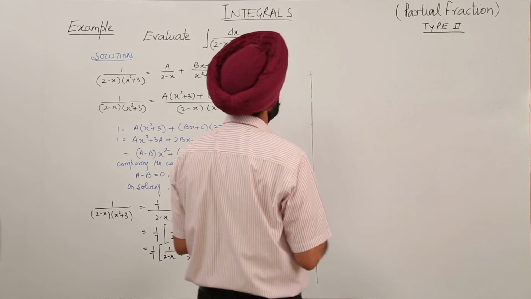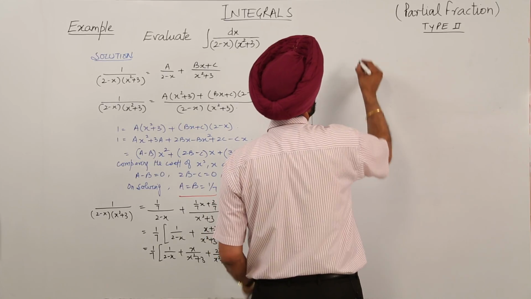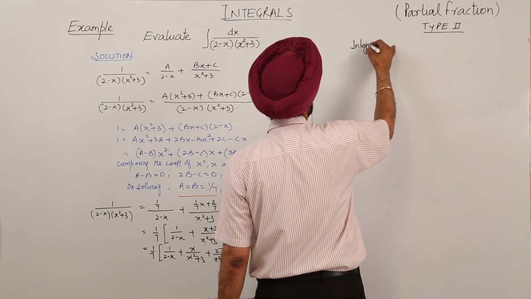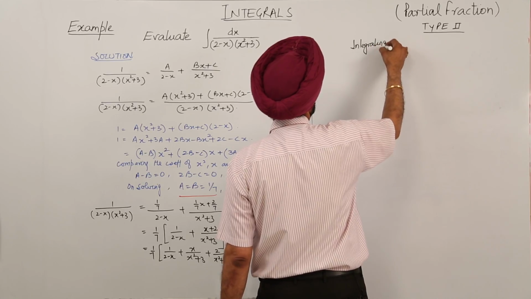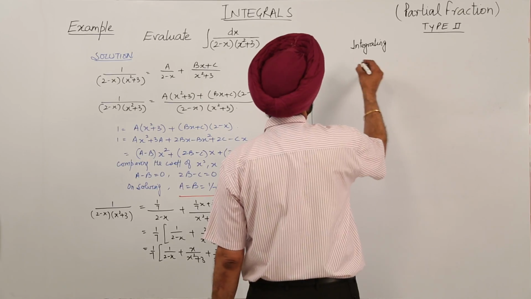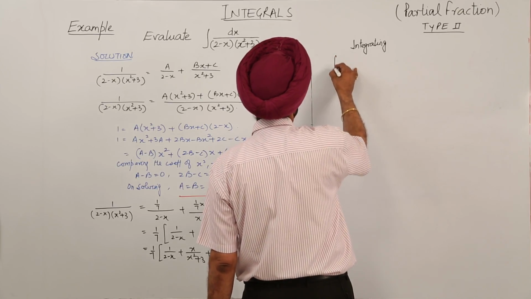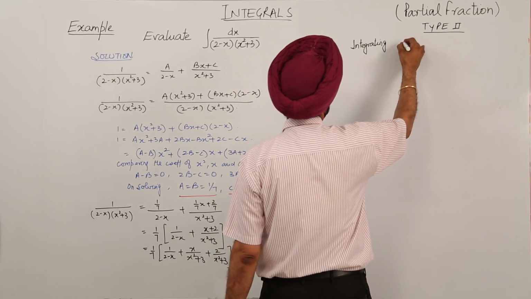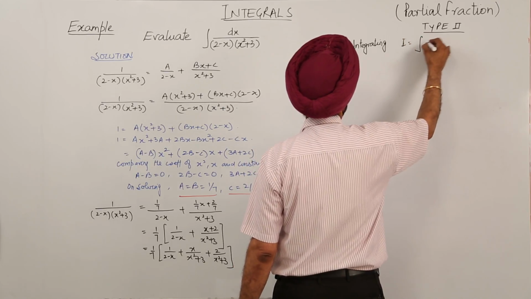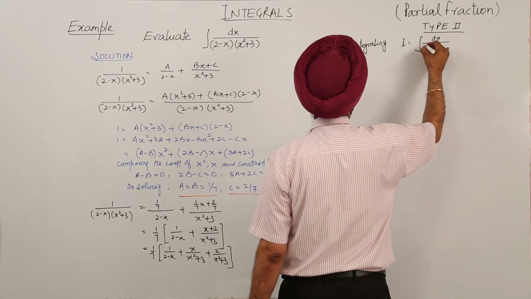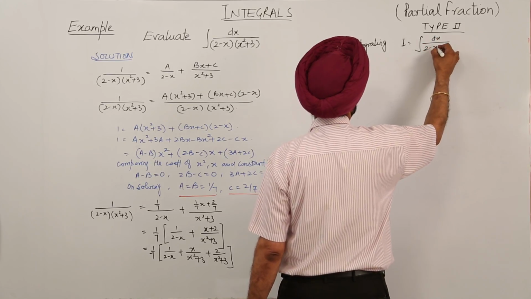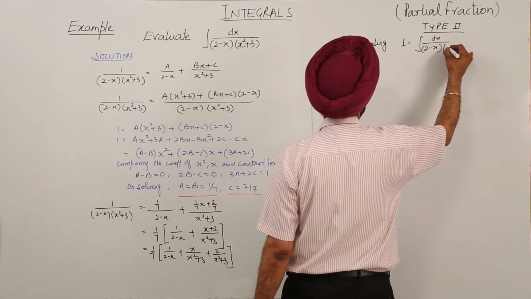Now integrating, I is equal to integration of dx upon (2 minus x)(x square plus 3).